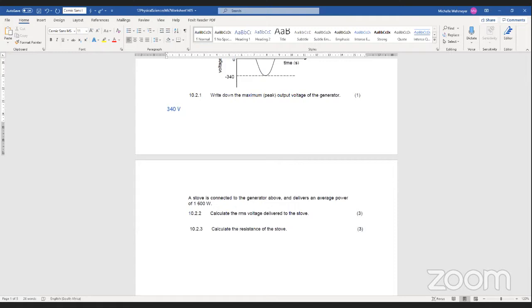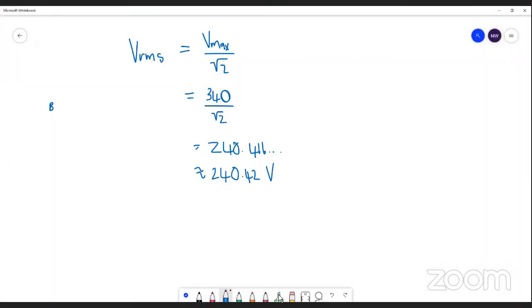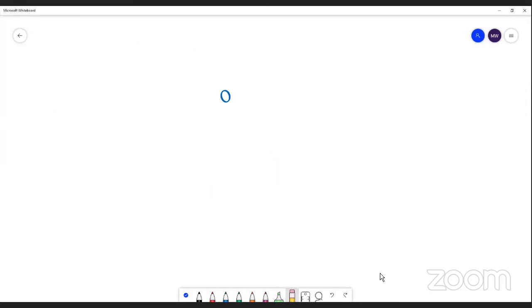On your formula sheet, you will get a bunch of formulas. One of the formulas will show you that P is equal to V RMS squared over R.